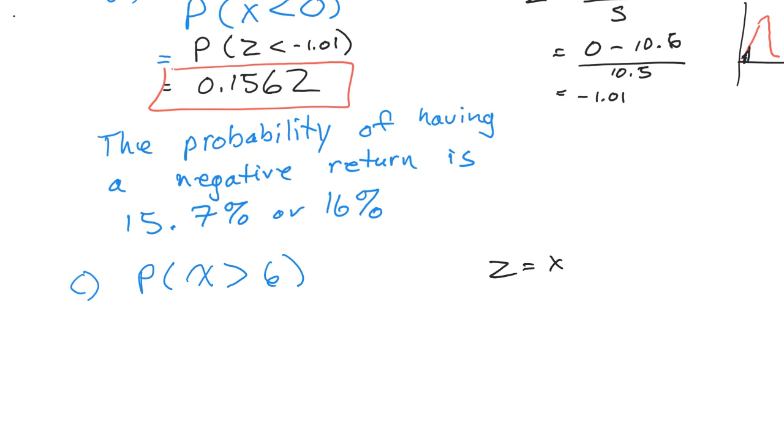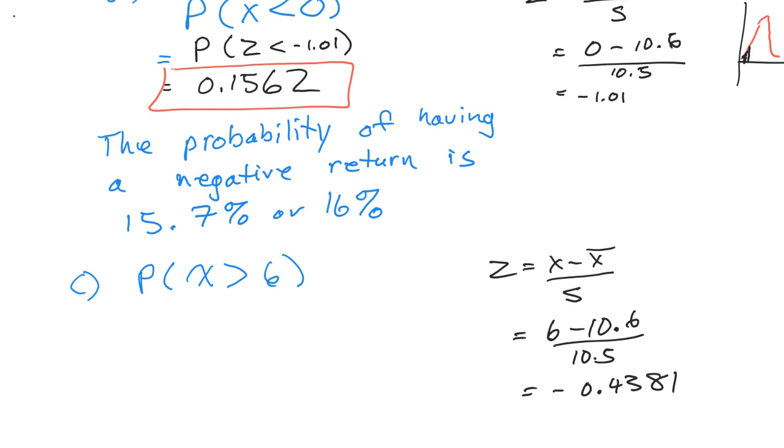Z is equal to X minus X bar divided by S. Punch in your 6. You got 6 minus 10.6 divided by 10.5, which gives us a Z-score of negative 0.4381.